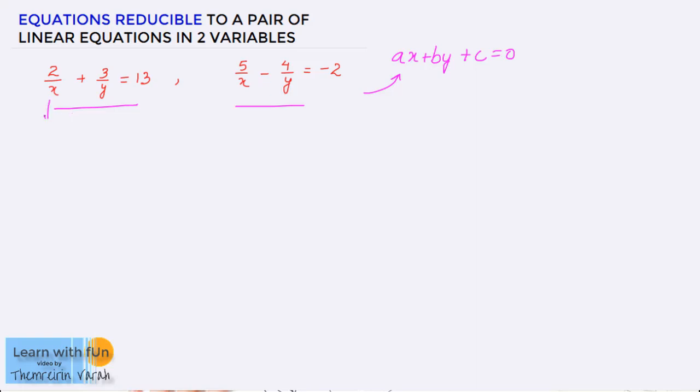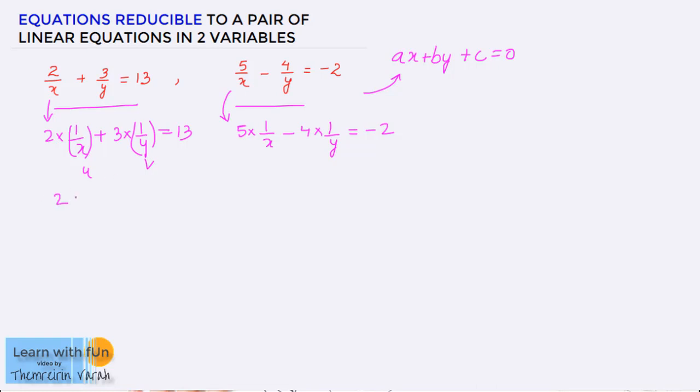This first equation can be written as 2 into 1 by x plus 3 into 1 by y equals 13. The second equation is 5 into 1 by x minus 4 into 1 by y is equal to minus 2. Replace 1 by x with u and 1 by y with v.